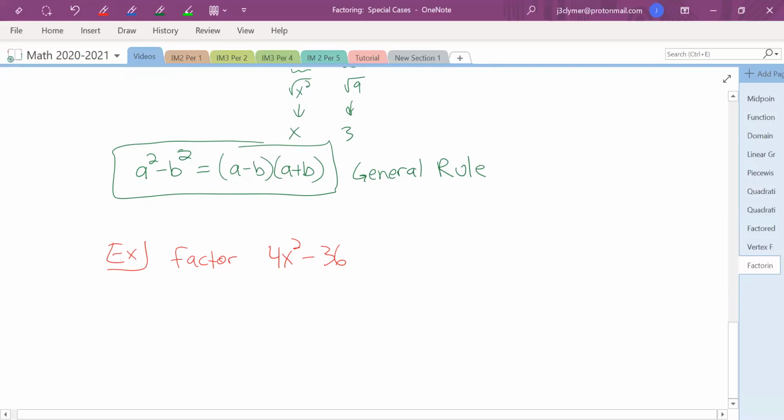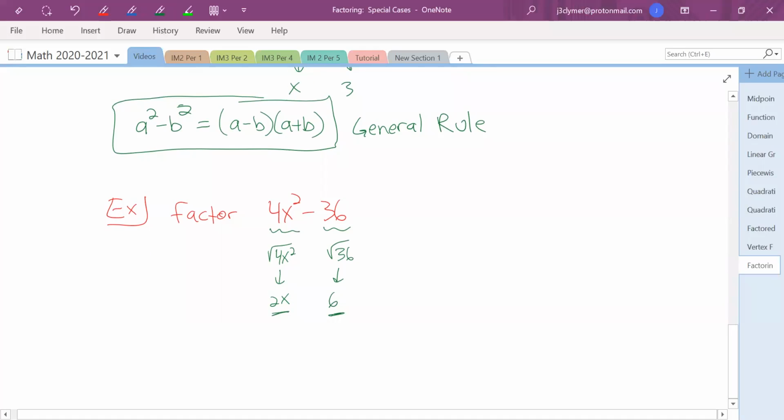The shortcut is to recognize that this is a difference of squares and ask ourselves, what is the square root of that? That's going to be 2x. What's the square root of this? That's going to be 6. So once you know the square root of that one and the square root of this one, it's just going to become, and let me write the rule down here first, a squared minus b squared is going to become a minus b times a plus b.